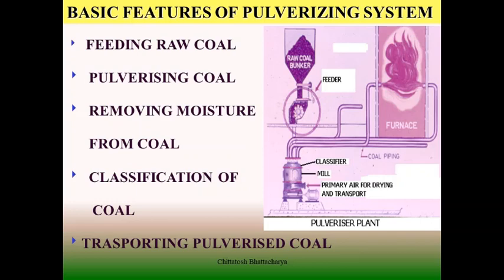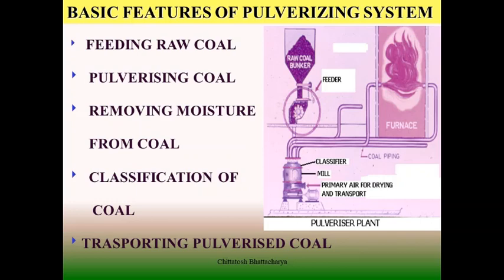Therefore, the basic features of the pulverizing system constitute feeding of raw coal through a coal feeder, which is taking the coal from a raw coal bunker where it is stored, then pulverizing the coal in the pulverizer or mill, then removing the moisture of the coal so that coal can be dried and ready to be pneumatically conveyed to the burners through a coal carrier pipe.